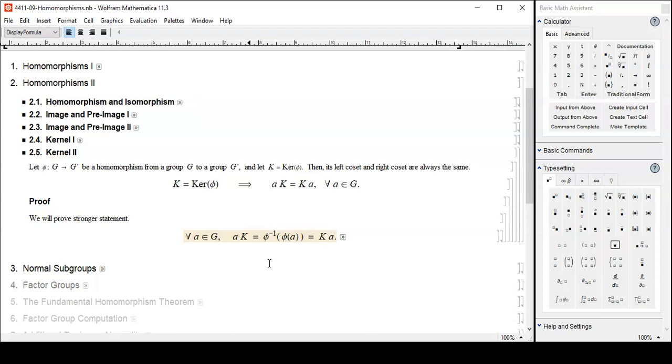If it exists, then phi inverse and phi will just cancel each other and we get just the identity, so you're going to get just a. But that's when we have a bijection. If phi is not an isomorphism, then the inverse map does not always exist.